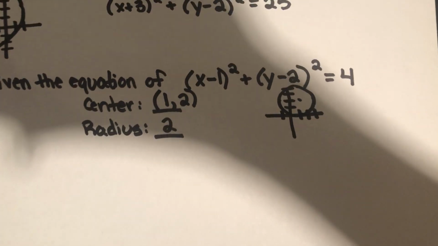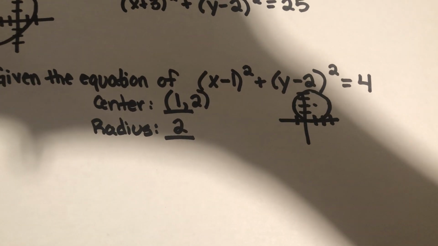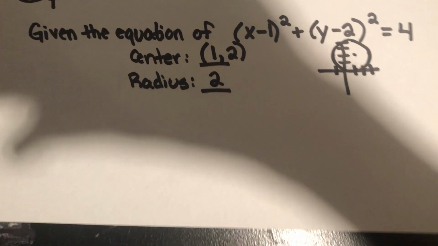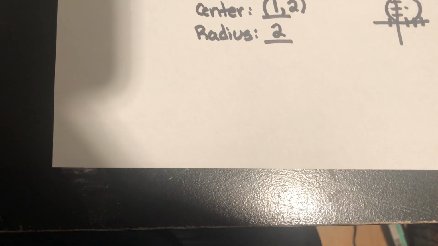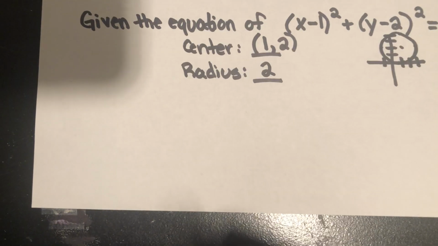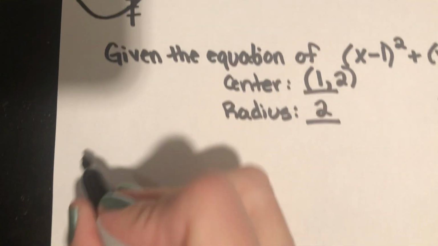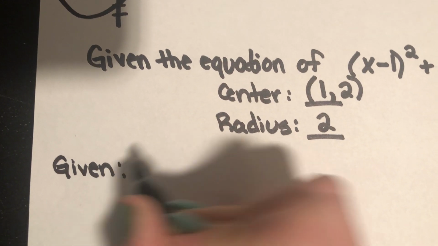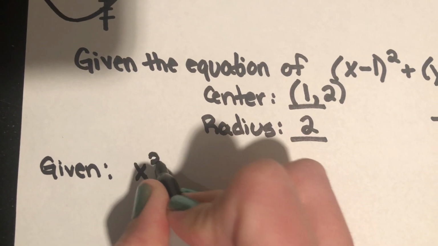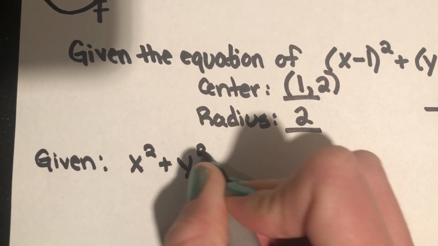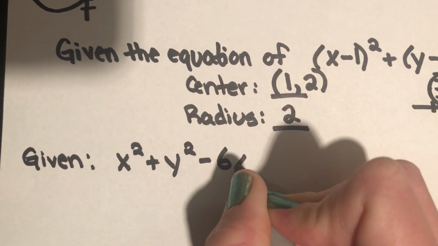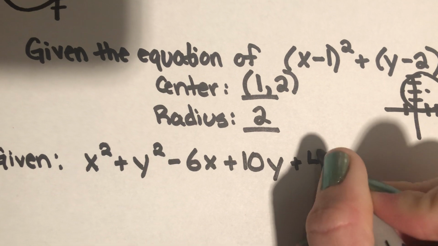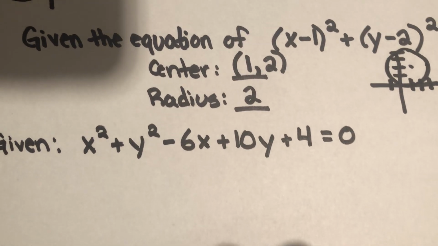Let's check one more, where we look at how to find the equation using completing the square. This time you are given x squared plus y squared minus 6x plus 10y plus 4 equals 0.